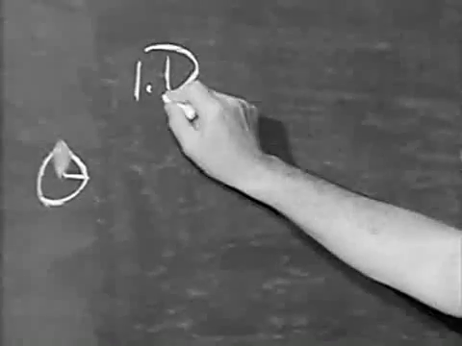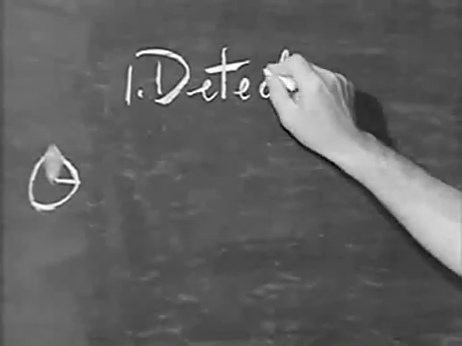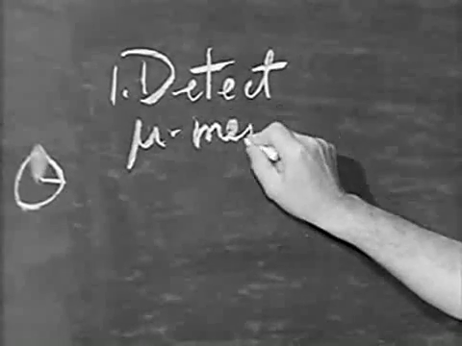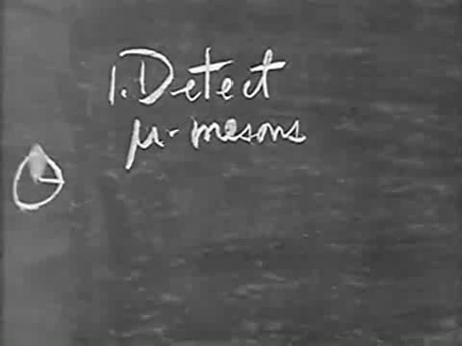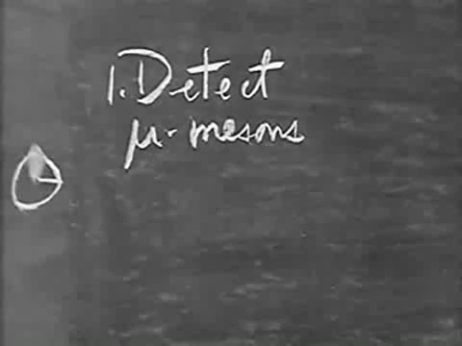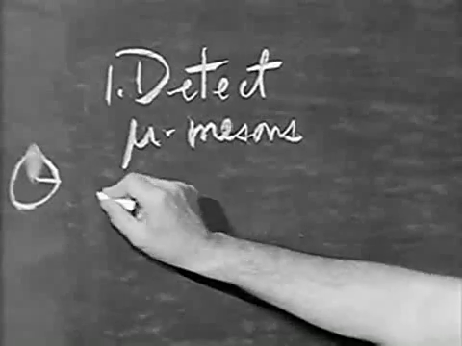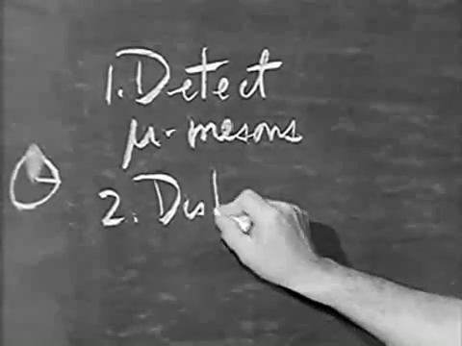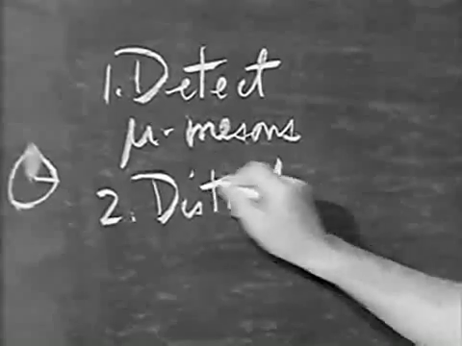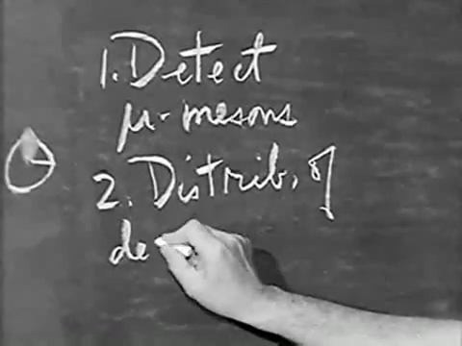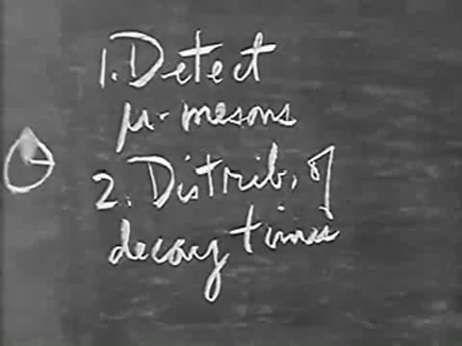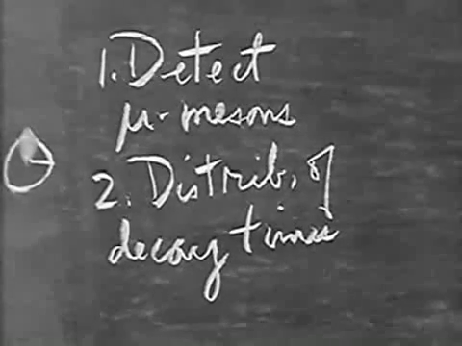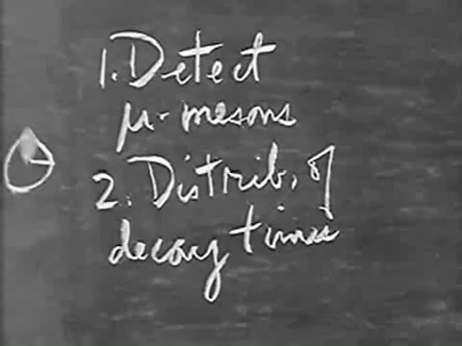First we have to detect them. So, detect mu mesons. Then we'll stop some of these mu mesons to measure the distribution of their radioactive decay times. As you'll see, this will enable us to use these mesons to measure time intervals.